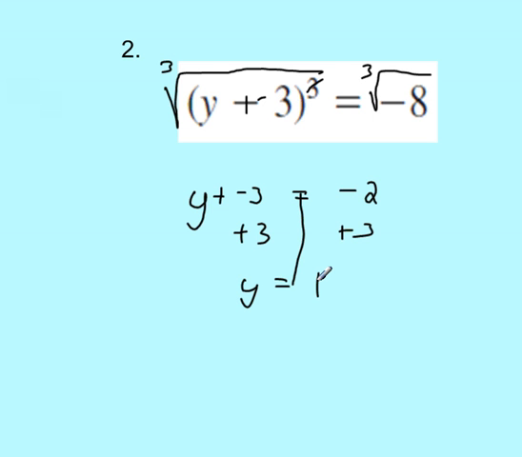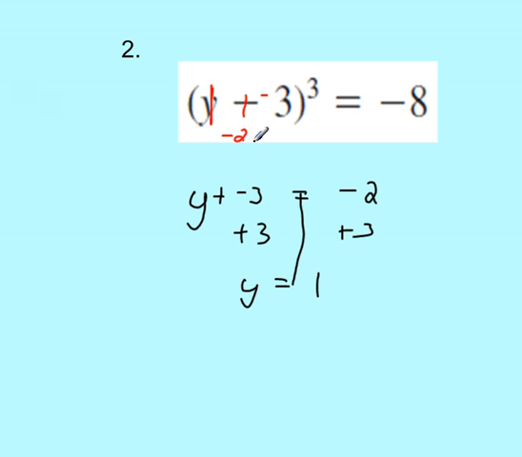So let's go back and start with our original equation and plug 1 in for y and see if it works out. So 1 minus 3, so 1 plus negative 3 is negative 2.